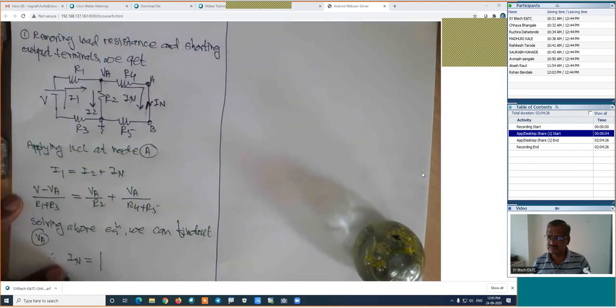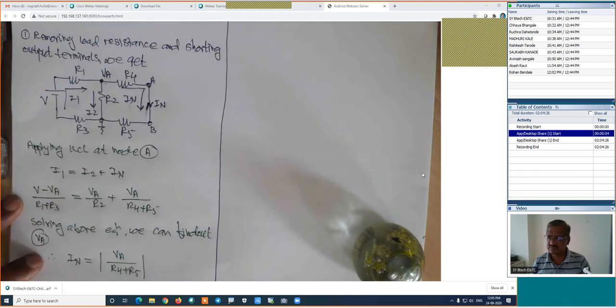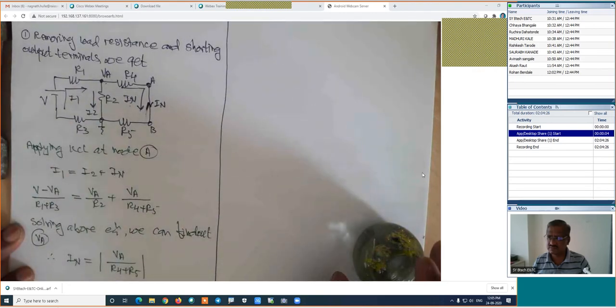This IN is equal to, how much is this value? It is VA upon R4 plus R5. Thus indirectly we are able to find out IN. And if we know IN, we can find out the value of Rn.